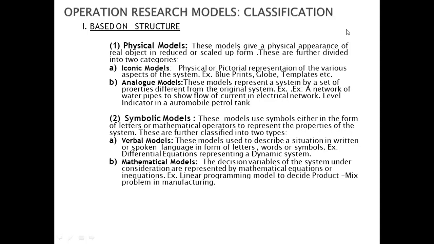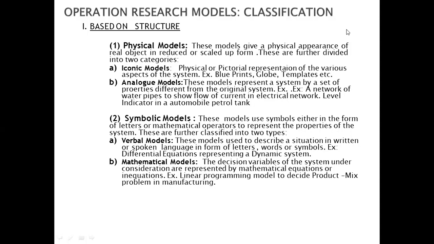Symbolic models. These models use symbols, either in the form of letters or arithmetical operators, to represent the properties of the system. These are further classified into two types, verbal model and mathematical model. First is the verbal model. These models describe the situation in written and spoken language in the form of letters, words and symbols.